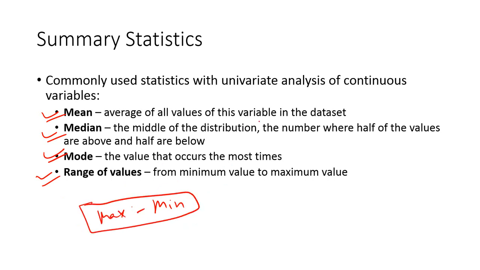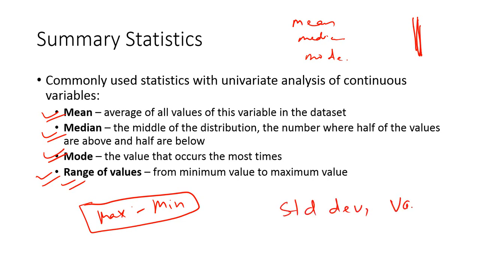All that tries to give you two things, which is where the data is centered. So mean, median, and mode give you where the data is centered. That means where most of the data points are located. And then there are some other things like standard deviation, variance, skewness, and kurtosis.